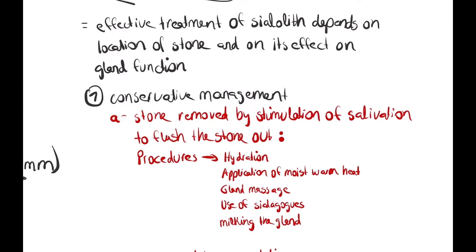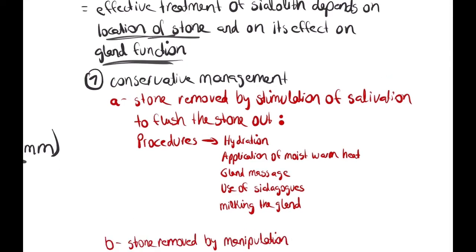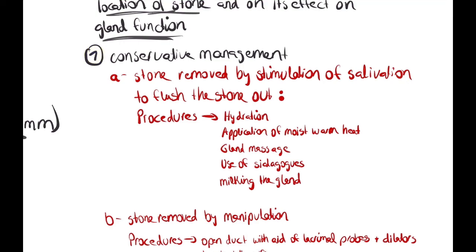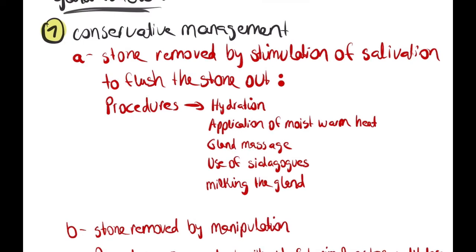To have an effective treatment depends on the location of the stone and on its effect on the gland function. So we have at first the conservative management, just to avoid any surgery.